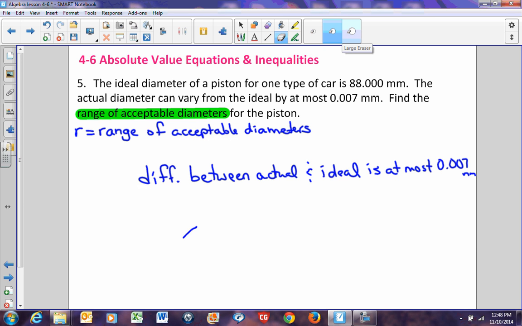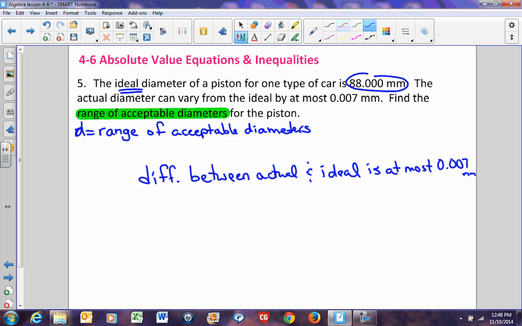So, if I want to figure out the range of acceptable diameters, I'm going to change my variable from R to D. This is diameter. The ideal diameter is 88. This is my ideal diameter. The actual diameter we don't know.